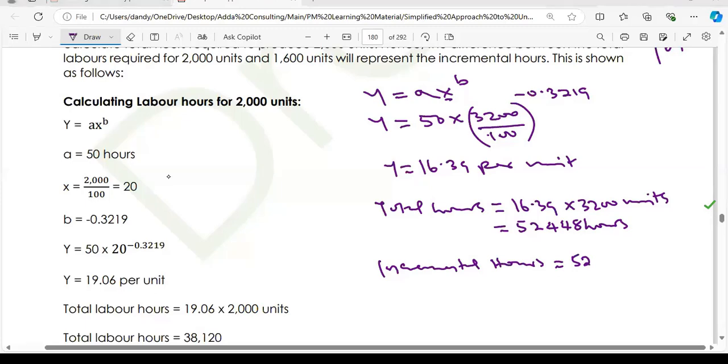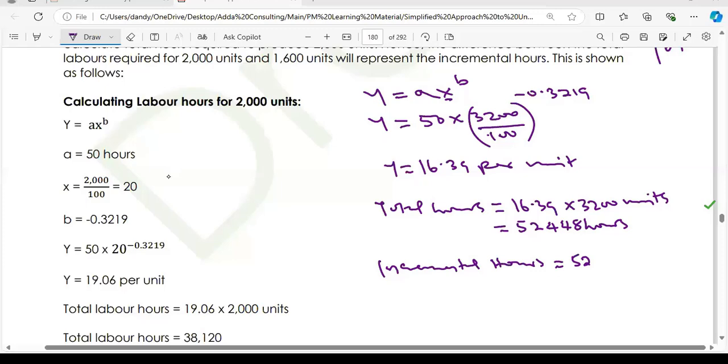The difference will not be material. 32 raised to power 0.3219 minus, equal, then multiply by 50, that's 16.38, whatever you have in your calculator, then multiply by the total unit of 3,200.